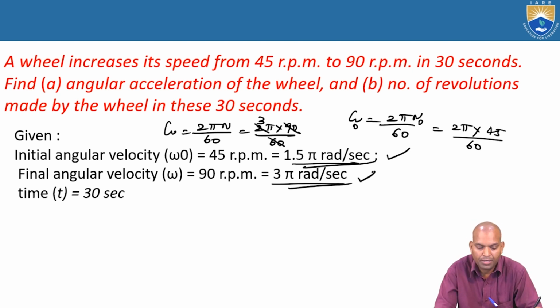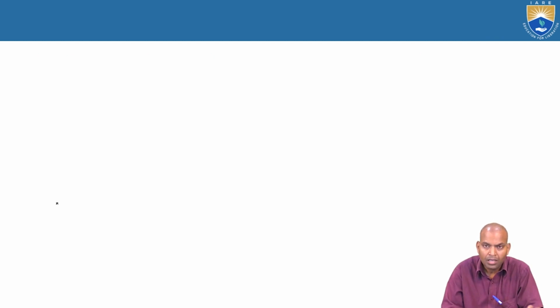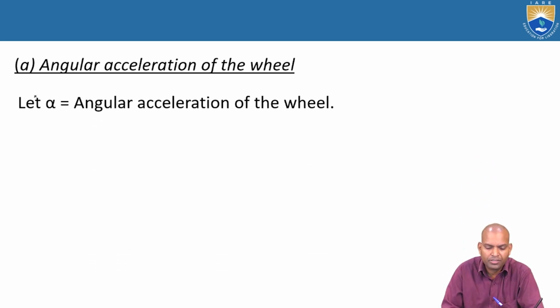Now the time t equals 30 seconds. How do we apply this to the first objective? The first objective is the angular acceleration of the wheel, denoted by alpha.